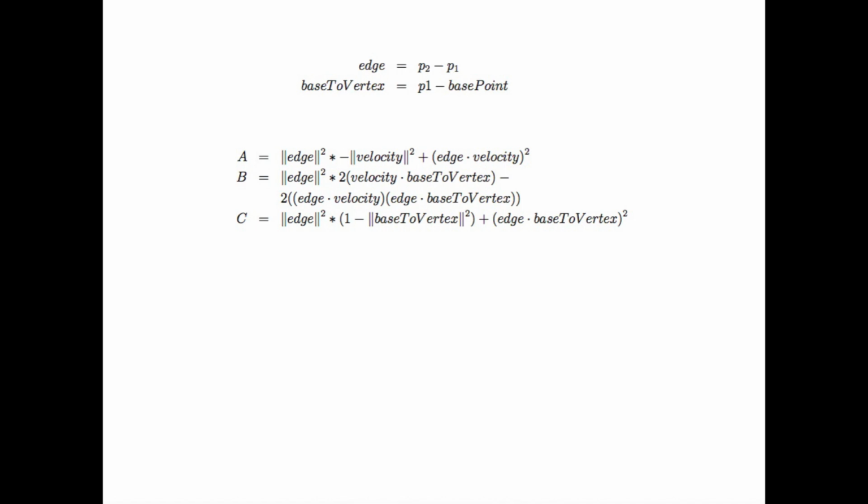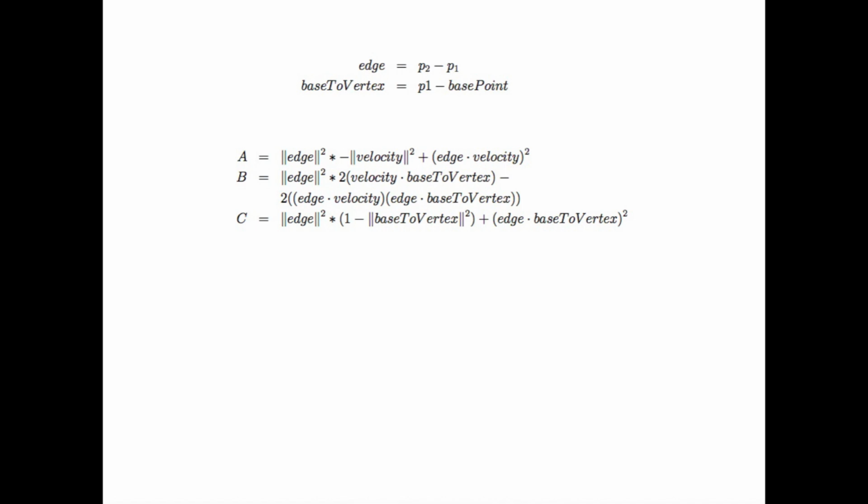B is equal to the magnitude of the edge squared multiplied by 2 times the velocity dot product base to vertex, minus 2 times the edge dot velocity, edge dot base to vertex, and C is equal to the magnitude of the edge squared multiplied by 1 minus the magnitude of the base to vertex squared plus the edge dot product with the base to vertex squared.